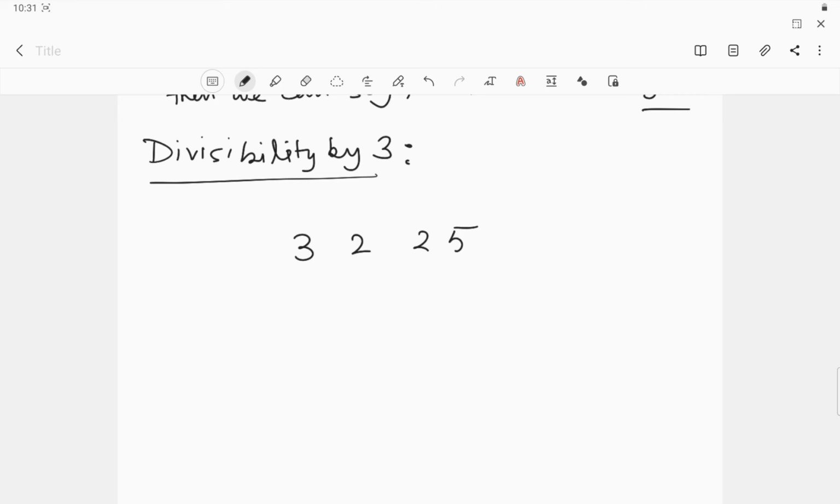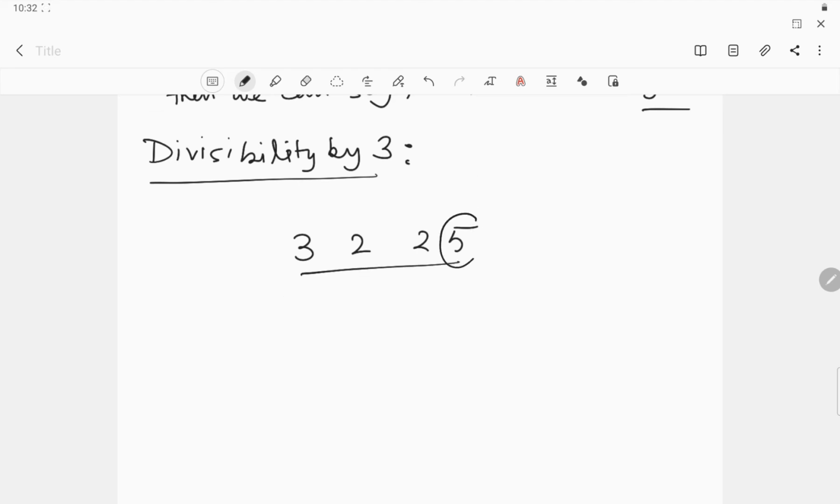But here, at a glance, how can you check that it is divisible by 3 or not? In this case, there are 4 digits.